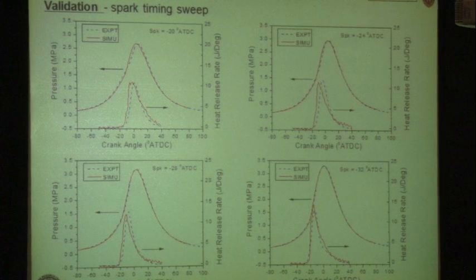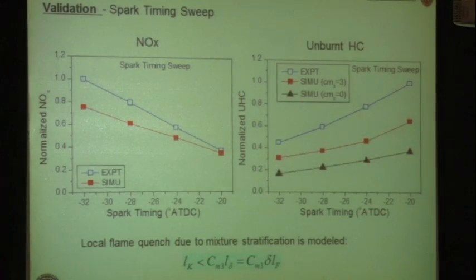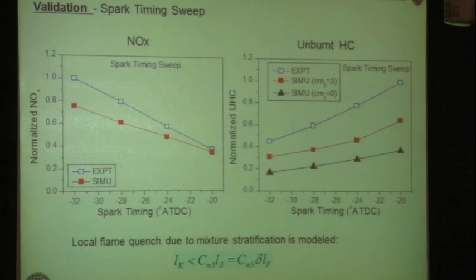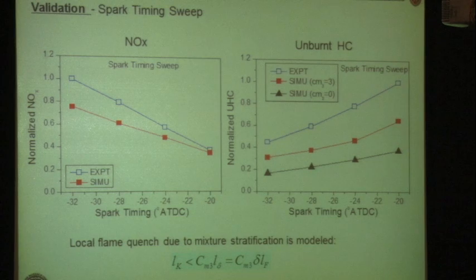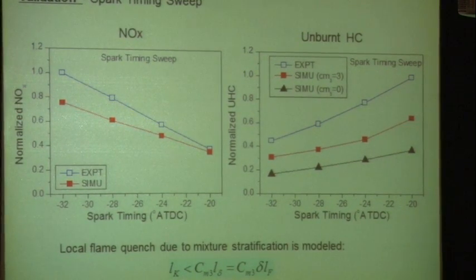All right? It does require that you spend a lot of time understanding a pressure trace. All right? Because as you'll see when I talk about NOC in a minute, there's a lot of information in a pressure trace that you have to make sure you don't get confused with.